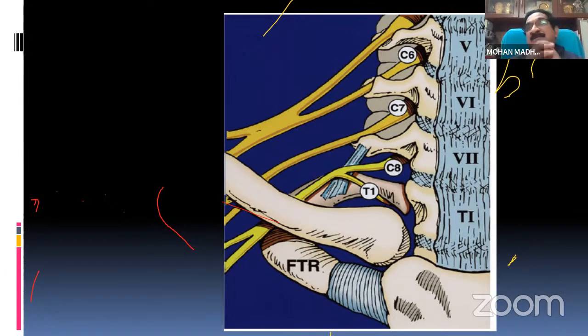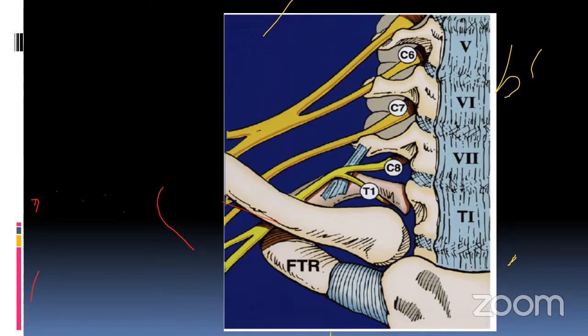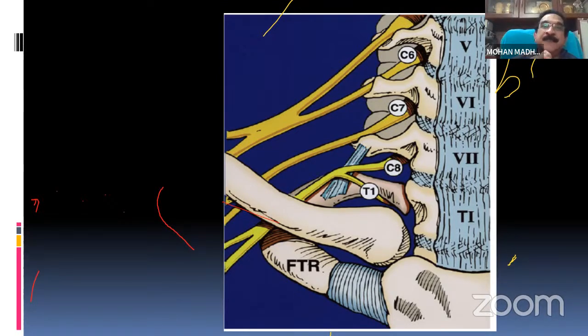So last time I showed a case when the lady had only APB weakness. Remember that patient? She had a C7 transverse megaprocess, thoracic outlet syndrome due to an enlarged and prolonged transverse process of the C7 vertebra. That patient had only APB weakness. Electrophysiologically also only APB weakness.